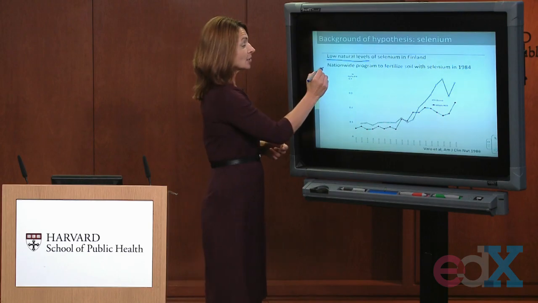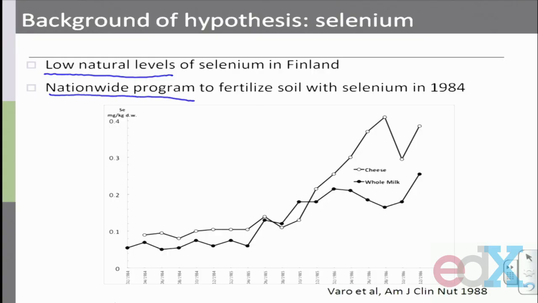There had been really interesting evidence that selenium was associated with a lower risk of cardiovascular disease. So Finland undertook a nationwide program, and they fertilized all of the agricultural soil in Finland. The idea was that if you grew food in this higher selenium content soil, you could increase selenium levels in the population.